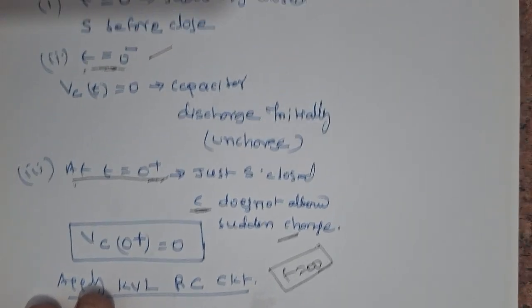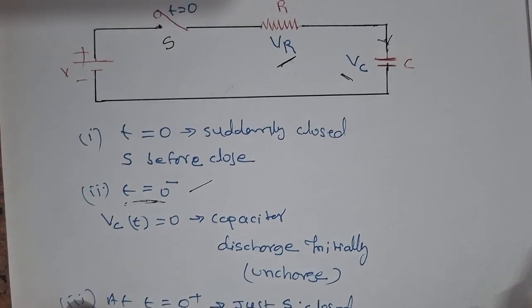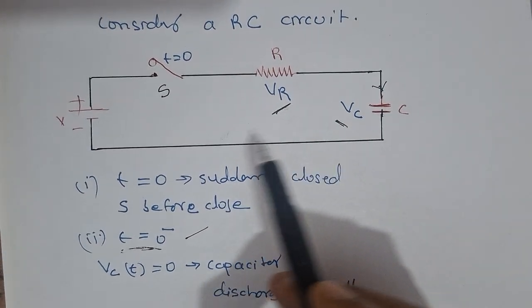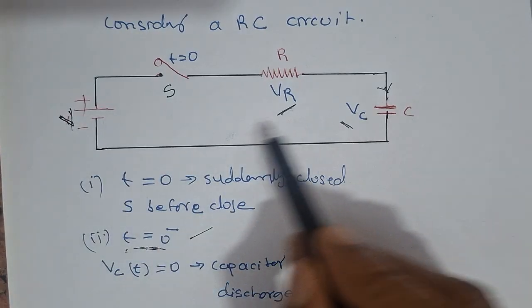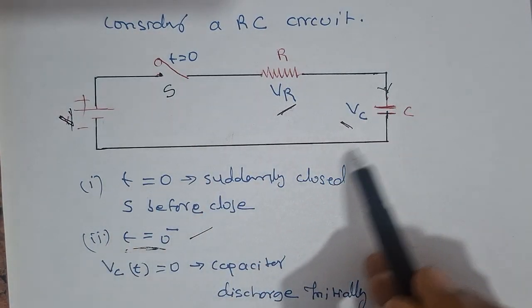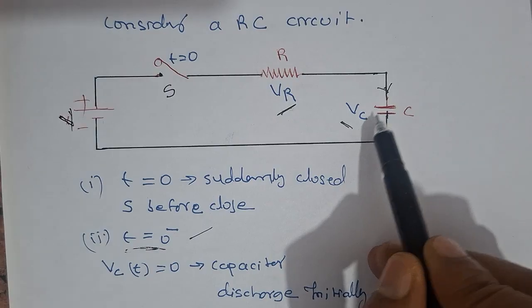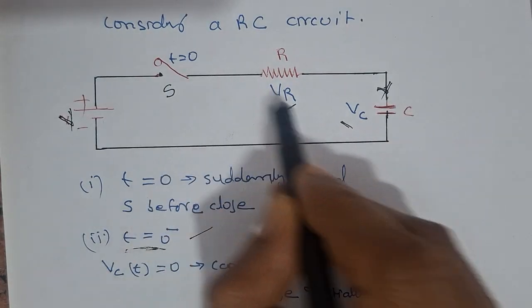Then there is no current flowing in the circuit, because current flows only when there is a potential difference. When the input voltage V is equal to Vc, there is no potential difference, so the current will not flow. Till it gets fully charged, the current will flow.